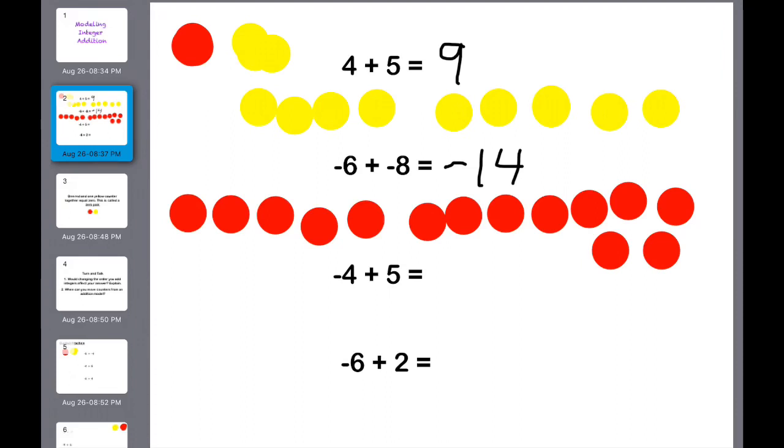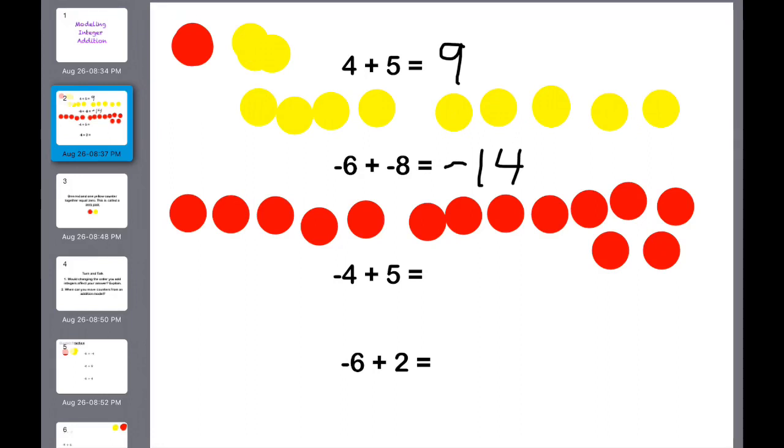Where it starts to get a little bit tricky is when we start adding a negative and a positive number. So on the next example, you see we have a negative 4 and a positive 5. This example is a little bit trickier because when we're done, we won't have all negative numbers or all positive numbers.